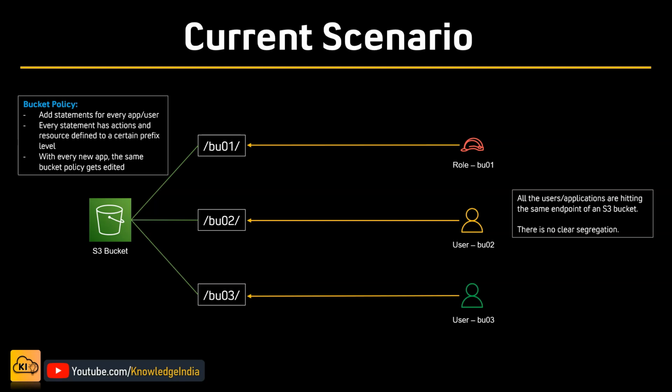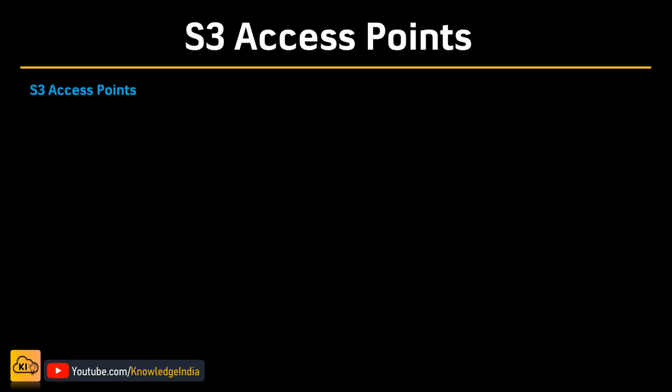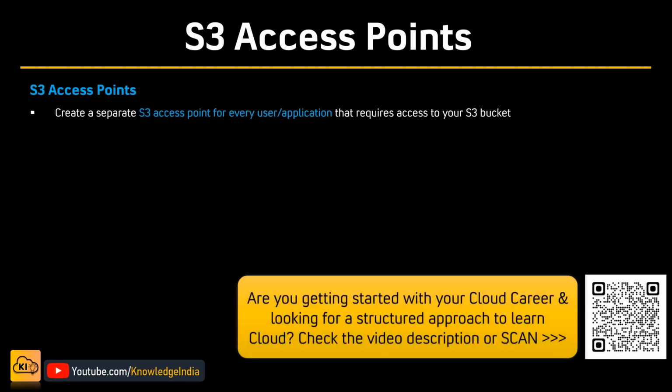Okay. Now, this problem can be solved by S3 access points, because you can go ahead and create a separate S3 access point for every user or application need, right? Suppose you have one S3 bucket and you need to give access to 20 different teams to this particular S3 bucket. So what you could do is you can go ahead and actually create 20 different access points, right?